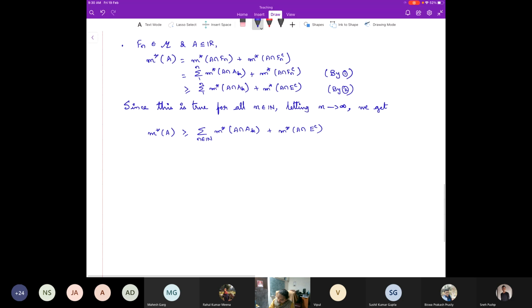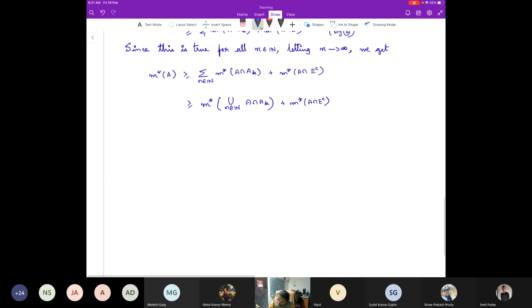Now, the AKs are all disjoint, but in fact you don't even need the equality here. So just a greater than or equal to will suffice for us: M star of the union over n in N of A intersection with AK, plus M star of A intersection with E complement.